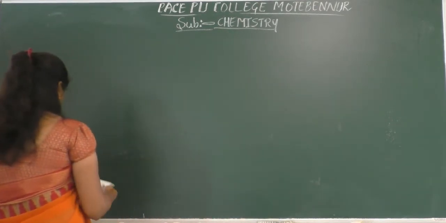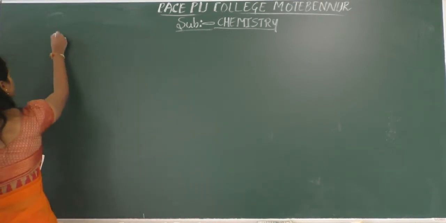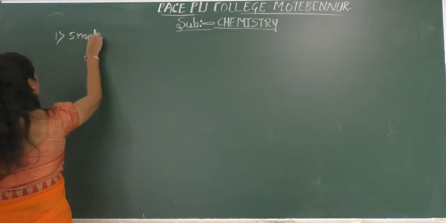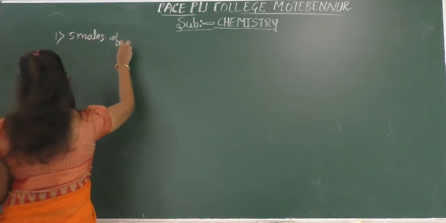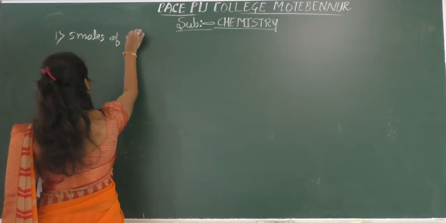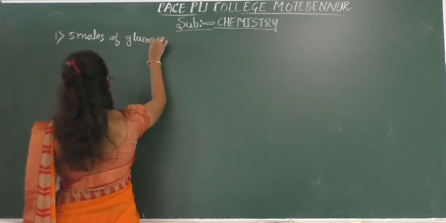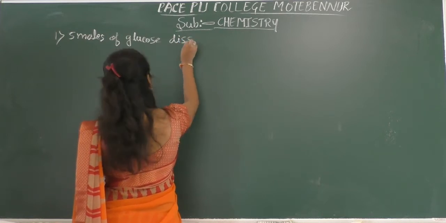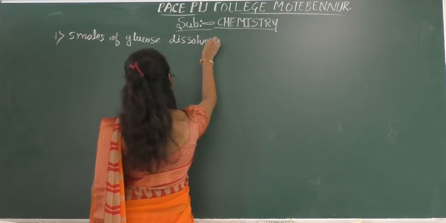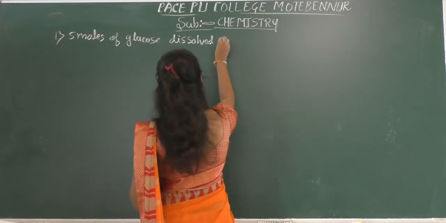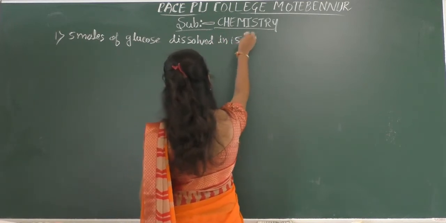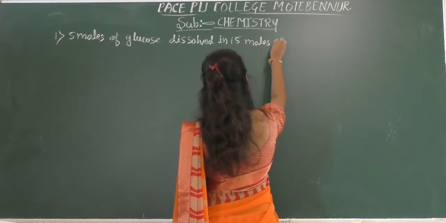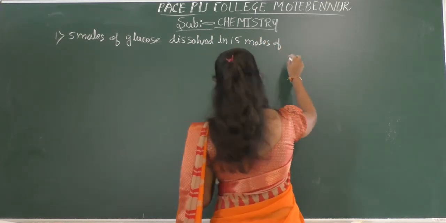So here, first one: 5 moles of glucose dissolved in 15 moles of water.